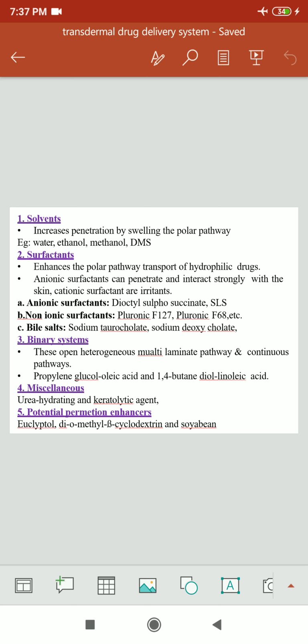Now binary systems are also used as permeation enhancers. These open heterogeneous multilaminates, and they are opening the protein molecules pathway. Miscellaneous: urea is an example of miscellaneous, and potential permeation enhancers are beta cyclodextrin and soya bean.